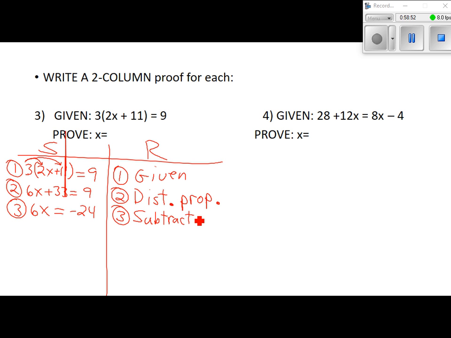You can put subtract or something, because substitution property looks a lot like it. Subtraction property of equality. Are we finished? No. Now what? X equals negative 4, and you divide. So what do I put? Division property of equality. Ignore all those stray marks going up through there.